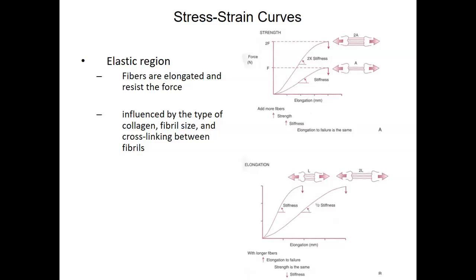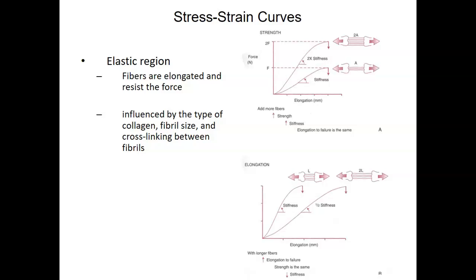Okay, so stiffness is a concept that is kind of hard to understand at times. So I wanted you to look at the two graphs that we have here. In the top graph, the ligament on the bottom has a certain stiffness, and the ligament on the top is twice the stiffness.